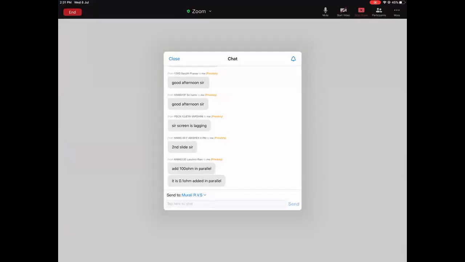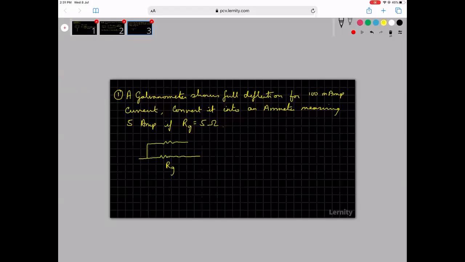So the way you draw it is this. This is Rg, the galvanometer. You connect a resistor here. 5 amperes is coming this way. This one will be 0.1 ampere, so 4.9 amperes goes this way. So 0.1 into 5 is equal to 4.9 into x.